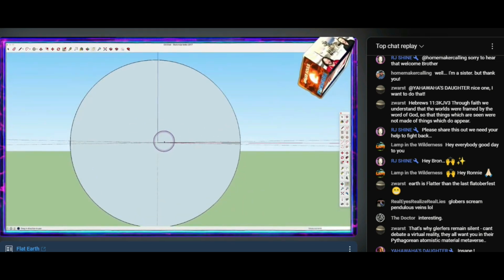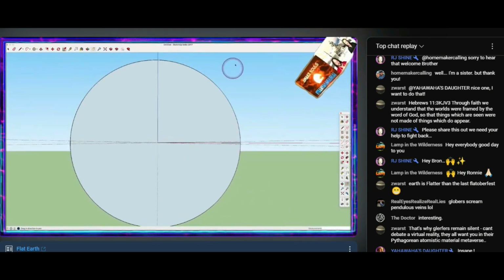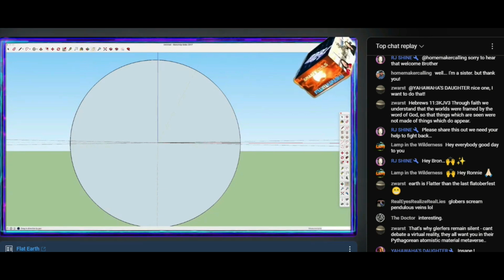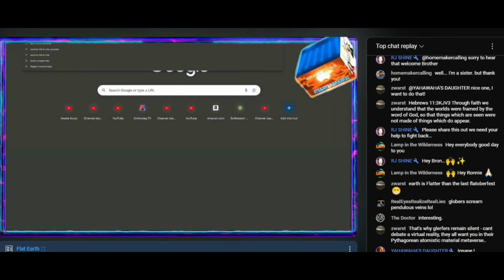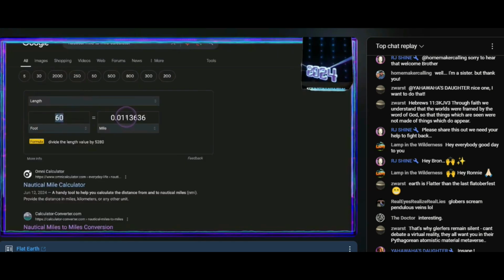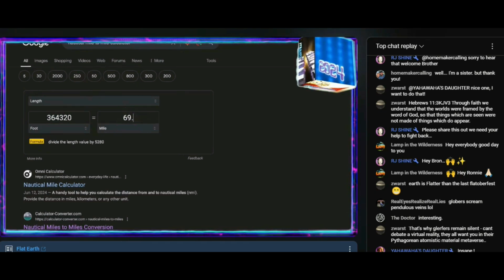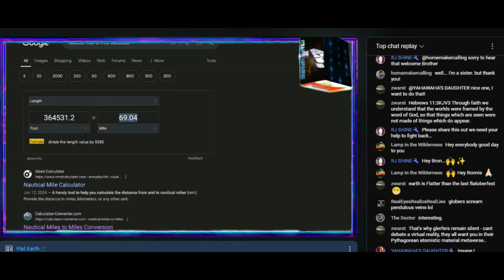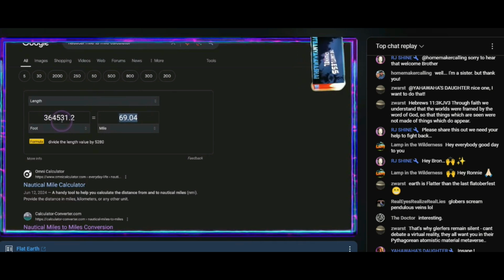This right here is 69 miles. And the reason why we're using 69 miles is we'll go nautical. So we'll make this 69.04 miles. So we've got 364,531 feet.